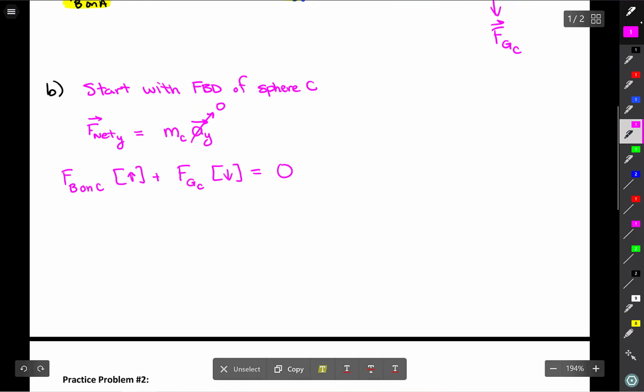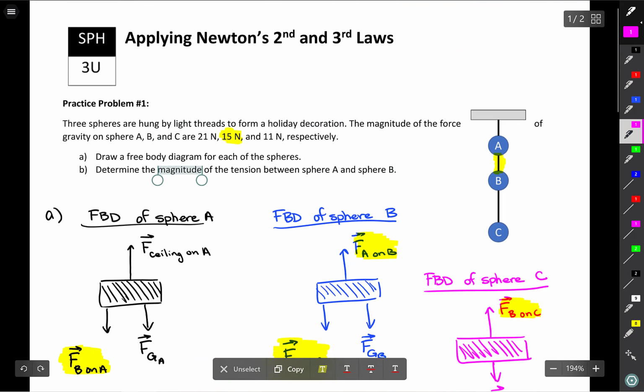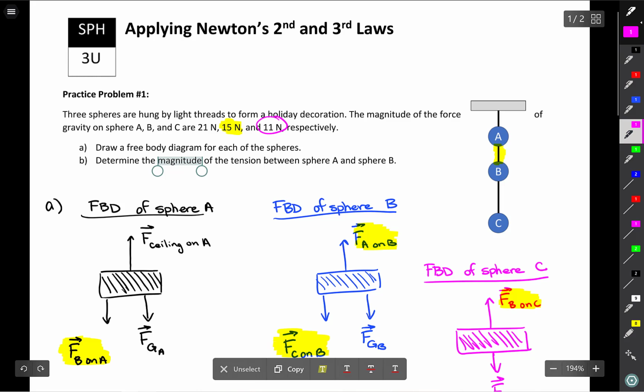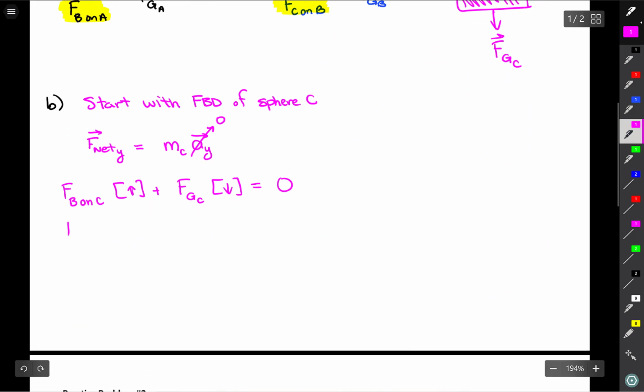I can substitute in the fact that the force of gravity acting on C is 11 newtons, which was given in the question. So FB on C acting upwards plus 11 newtons acting downwards is equal to 0.